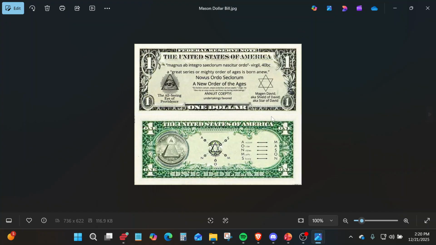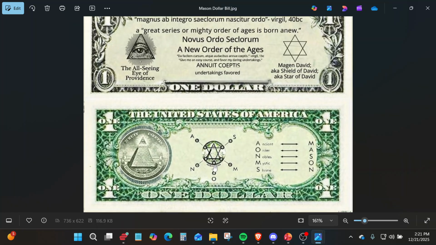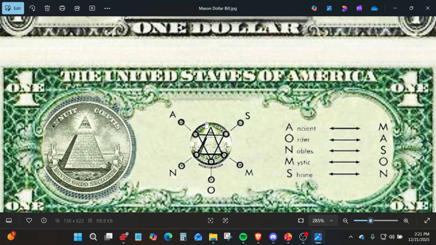So in this symbol, now this isn't a standard dollar. This is someone's work where they wrote all over it and gave some historical references here. But my main point to point out here is that within the Annuit Coeptis, Novus Ordo Seclorum, Latin language here, you have your Mason.